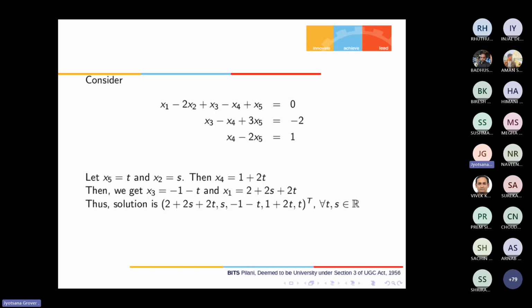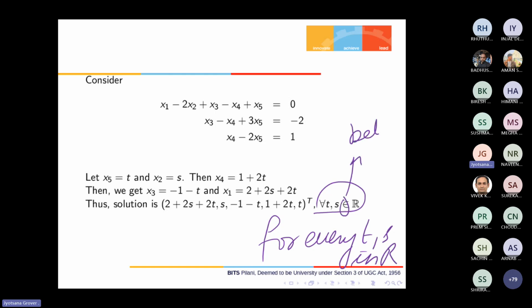This is for all t, s, meaning for every t, s in R. This is the belongs-to symbol. For every t, s belonging to R, or you can say t, s in R. That means this solution is valid as long as t and s are in R. R means real numbers. Okay, got it.